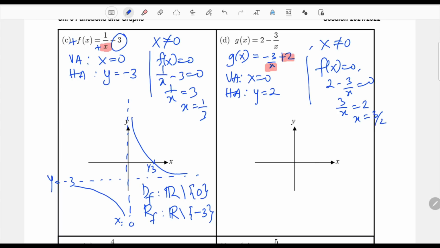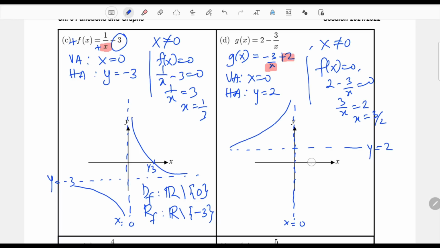So first, you need to find your vertical asymptote and then your horizontal asymptote. So label, this is x equals 0, here is y equals 2. Find your x equals 3 over 2, somewhere here. Okay, so the graph should look something like this.